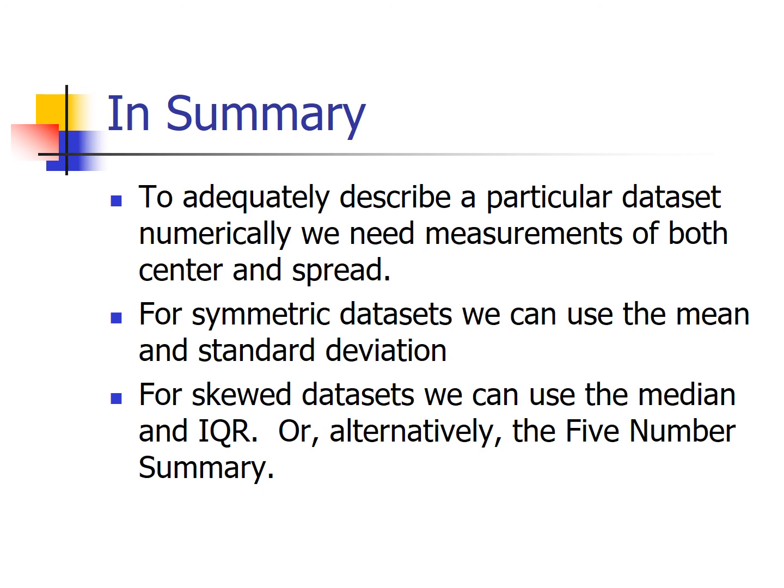So instead we use the median and we pair that median with the interquartile range, or alternatively we sometimes use something referred to as the 5-number summary. The 5-number summary is just the minimum, the maximum, the first quartile, the third quartile, and the median. So 5 numbers that summarize typically a skewed distribution.